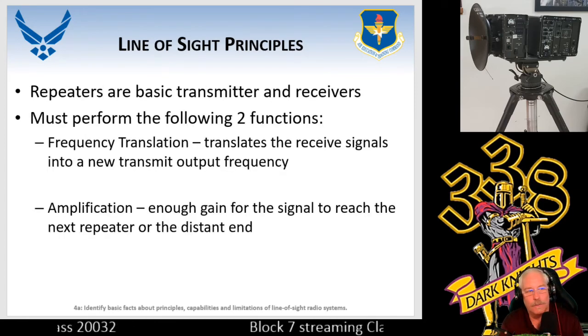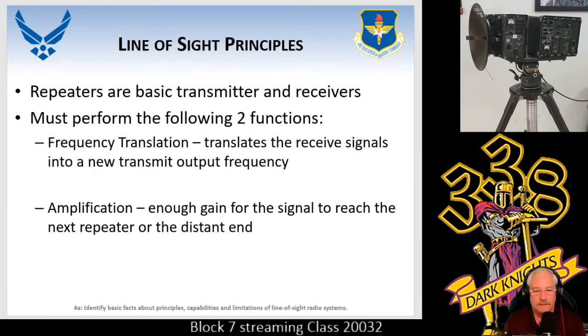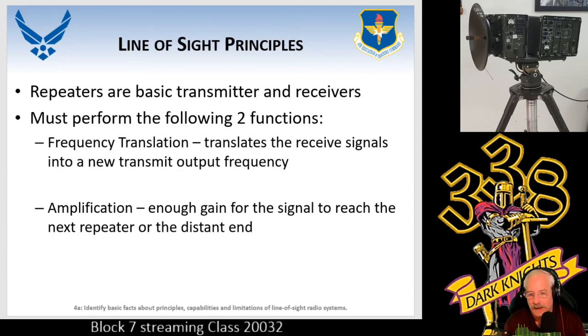All right, so repeaters are transmitters and receivers together. There are 2 things it must do. First of all is frequency translation. Next one is amplification. Those are the 2 functions that are needed.